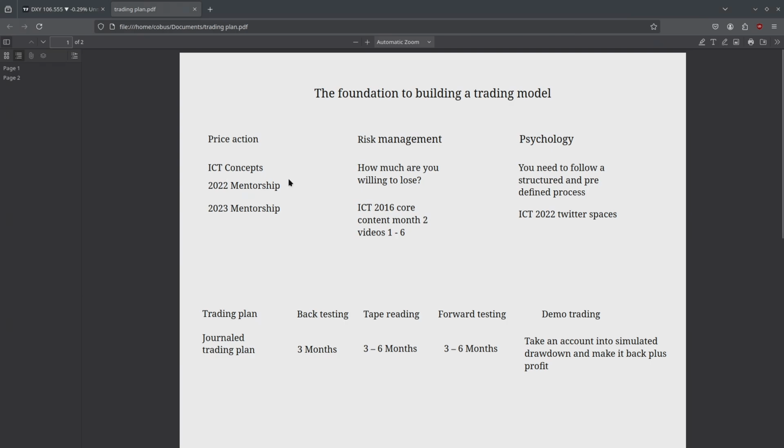2022 ICT mentorship. It's a wonderful playlist to work through. It gives you a basic model that's easy to see, and he gives you a wonderful structure around that model as far as things you need to avoid, things that you need to look for that give your setups higher probability.